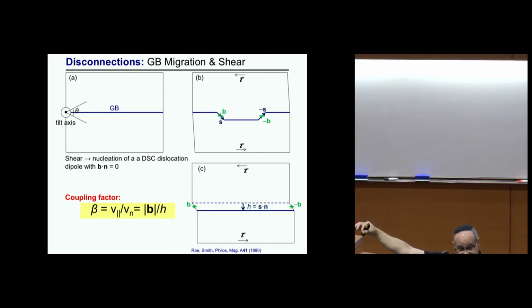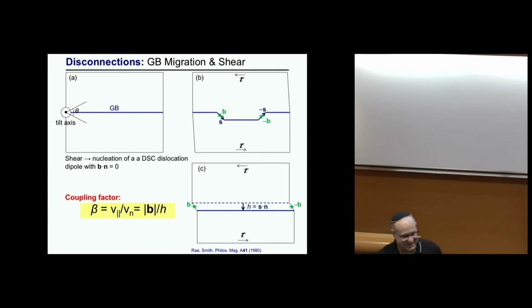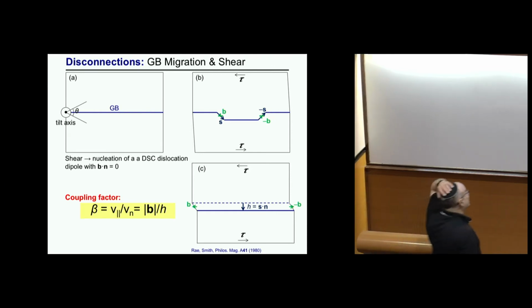You have 1 step coming in here, and the second step starts out and catches up with the first one. So H is now twice. Right. So the total step height is conserved. I mean, there's summation rules. If I add 1 to the other, it's got to be the sum of the 2 or the difference of the 2. Okay.